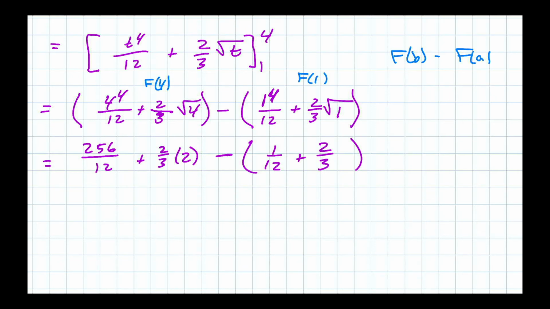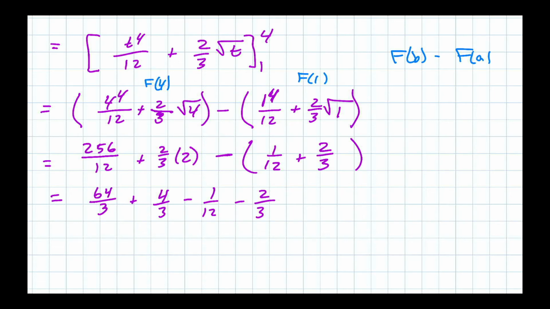What's 256 over 12? It's going to be a fraction, but 256 over 4 is 64. So this is 64 over 3, I think, plus 4 over 3 minus 1 over 12 minus 2 over 3. If you have a calculator that does fractions, I would recommend that you use it here. If you don't, then use wolframalpha.com, something you can type it in.